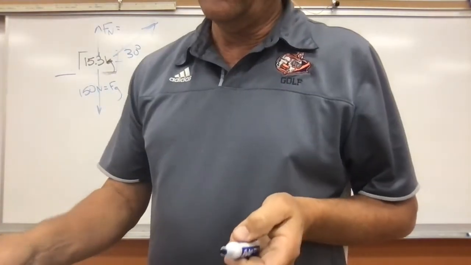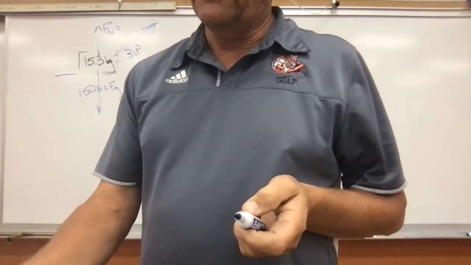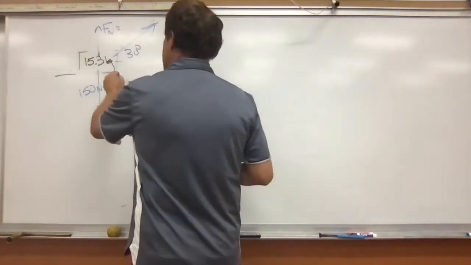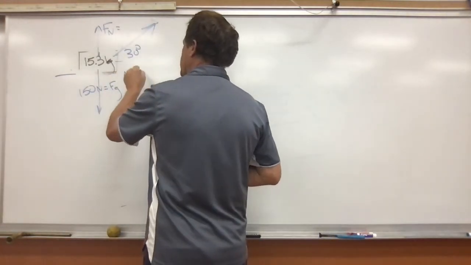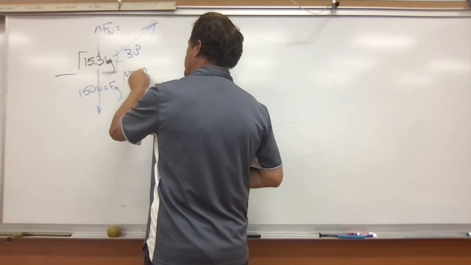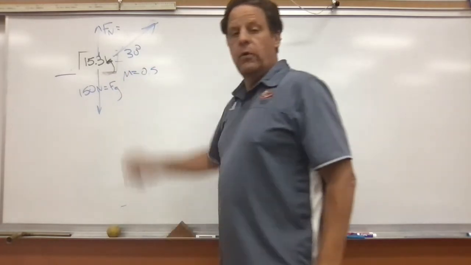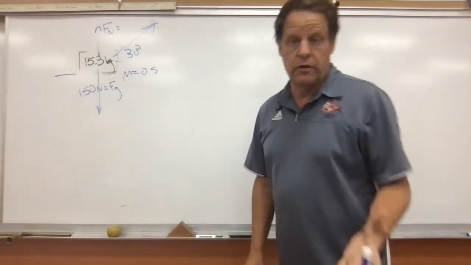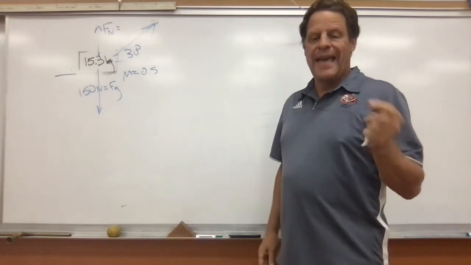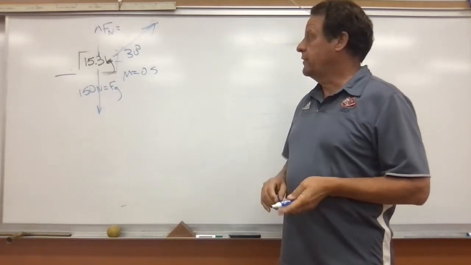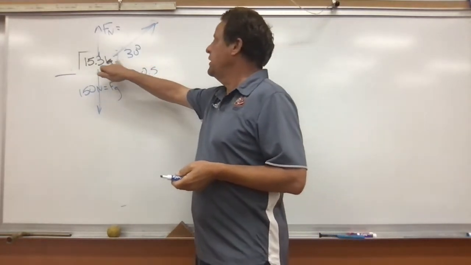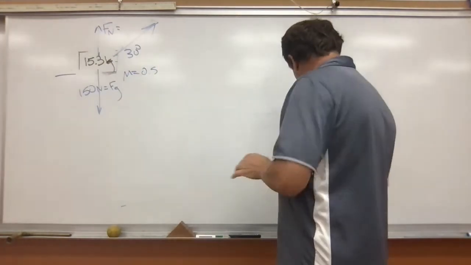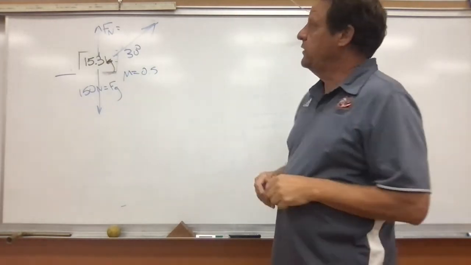And we are also going to assume that the coefficient of friction is equal to 0.5. Again, we're just assuming that that coefficient of friction is both static and kinetic, realizing that there is going to be a difference.